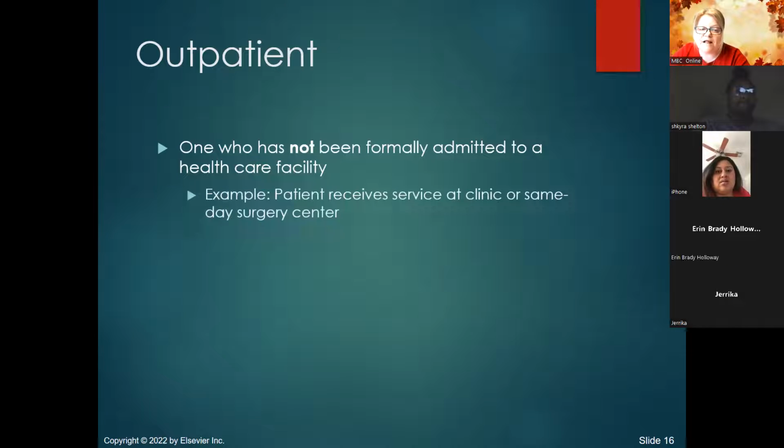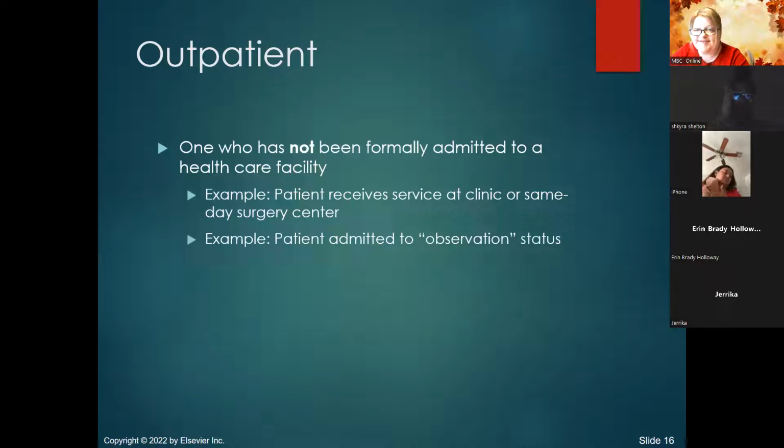Okay. Example, patient received services at clinic or at same day surgery center. That's outpatient because they are not admitted to the hospital. Okay, patient admitted to observation status. And that is when a person goes to the ER, they may not necessarily want to keep them in outpatient status and not necessarily admit them yet.